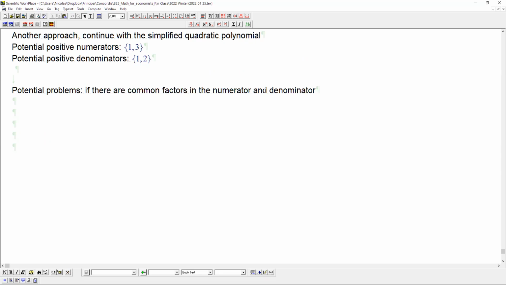The sort of thing that could happen is if I have, I don't know, let's say 3x minus 2 times, let's go with 2x plus 3. So you see that I'm using the same kind of stuff for the constant term and the numerator of x.